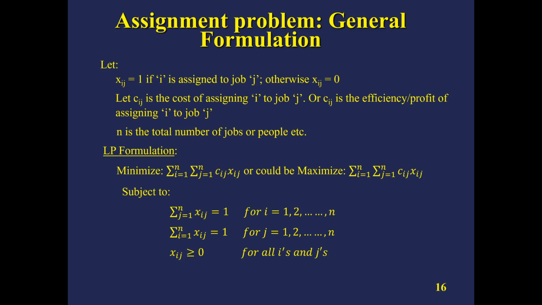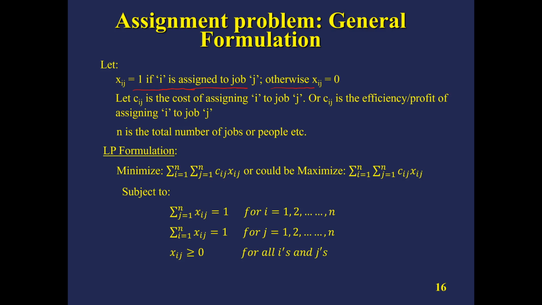This is a general formulation. We define a variable xij equal to 1 if i is assigned to job j. Otherwise, xij is equal to 0 if it is not assigned. So if the job is assigned, then we say 1, otherwise 0.